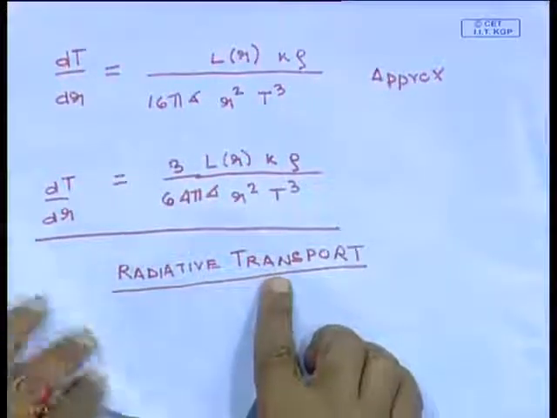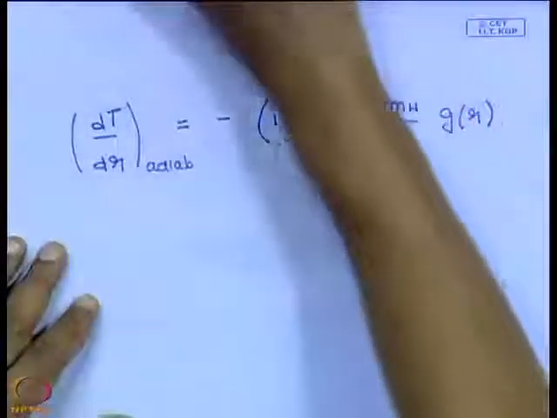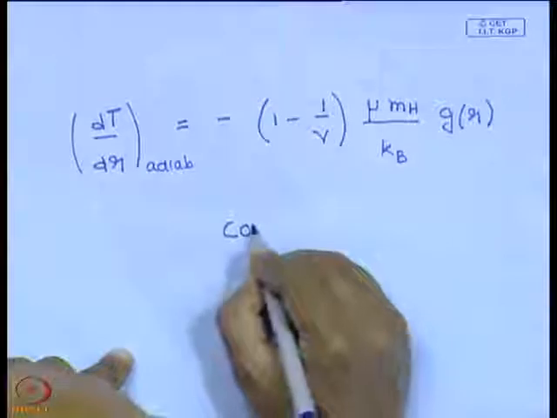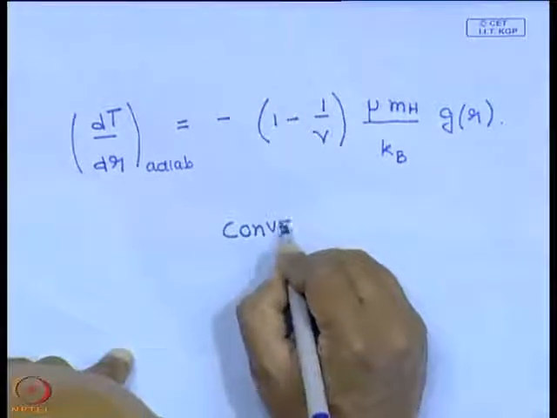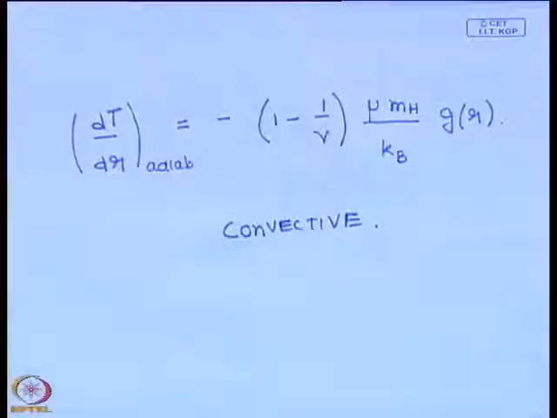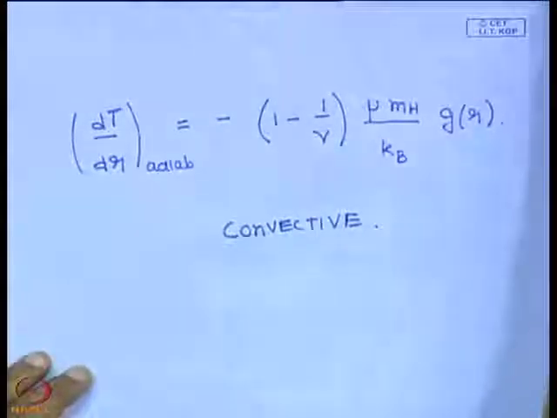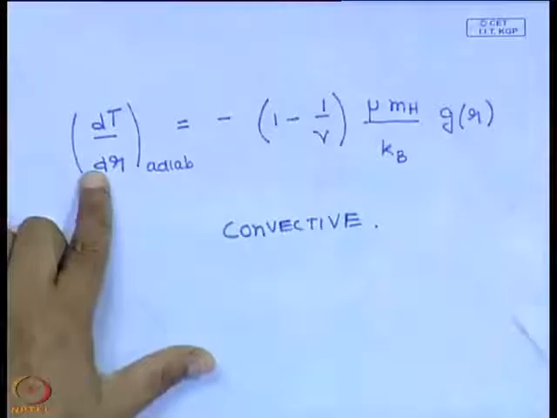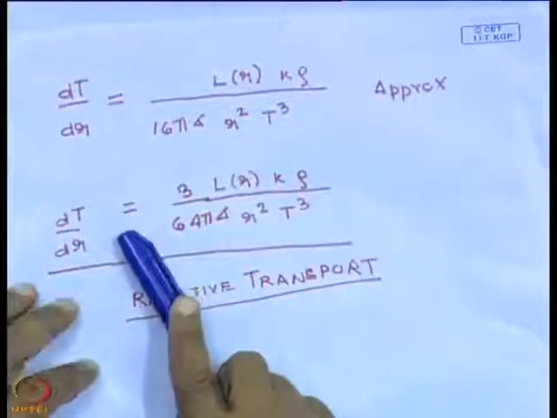If it is radiative transport, you have this. If it is convective transport, you have this. And which of them you have to use is to be determined by seeing which one is larger. If this is smaller than this, then you have to use this.